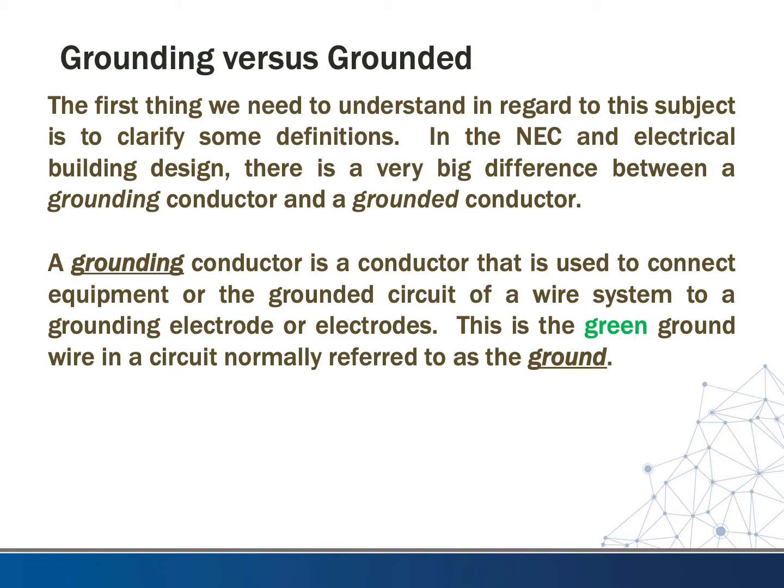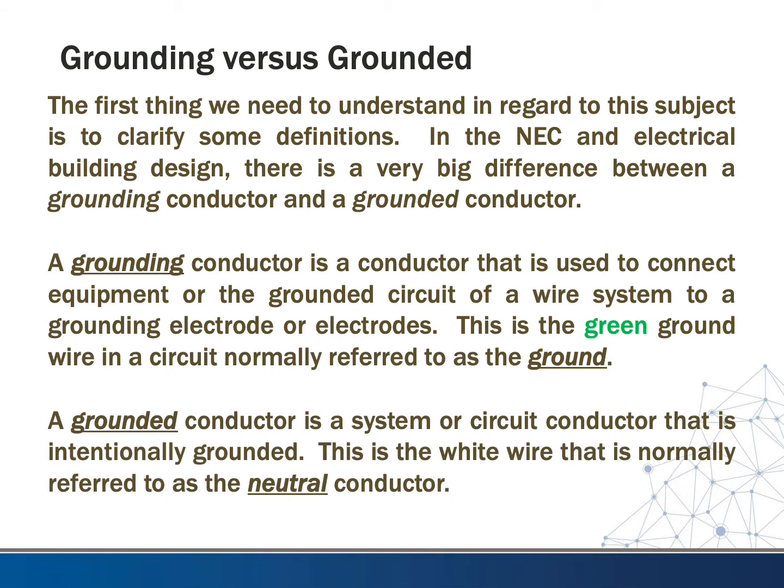This is the green ground wire in a circuit normally referred to as the ground. A grounded conductor is a system or circuit conductor that is intentionally grounded. This is the white wire that is normally referred to as the neutral conductor.